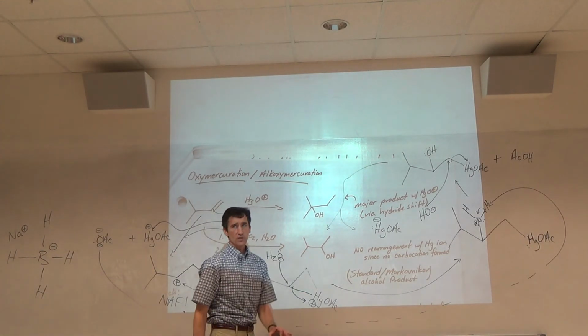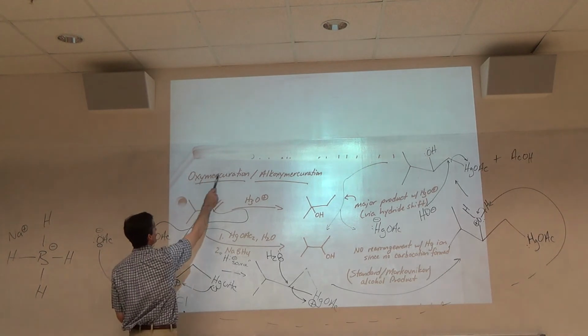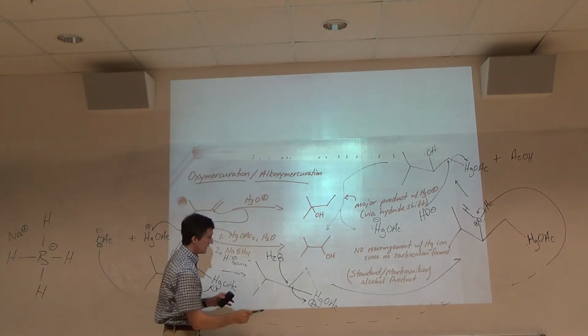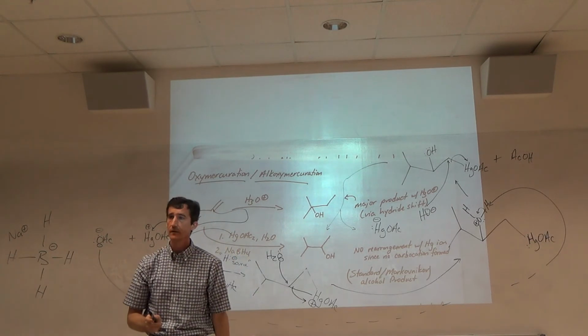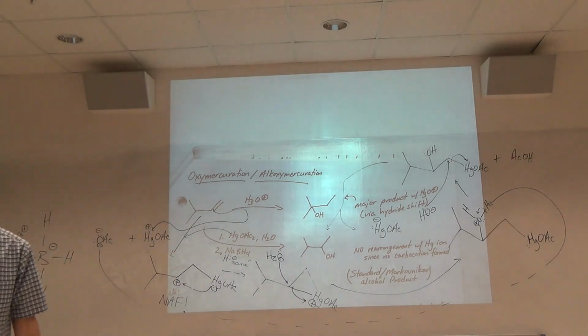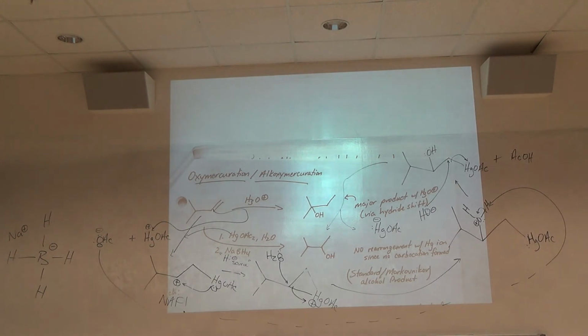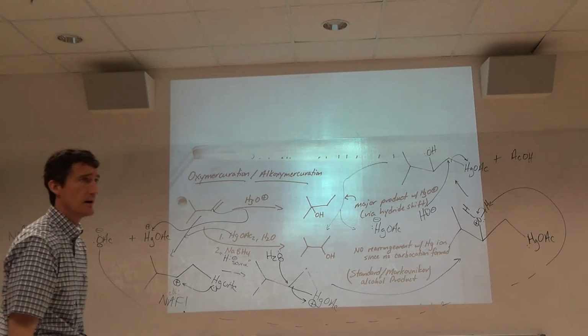Okay, that's called an oxymercuration. We mercurated, but we also brought in the oxygen. Sarah? Is there a reason why it's going to the H minus, or is that just due to chemistry? It's a good question. Also, I told you that's probably not the mechanism.